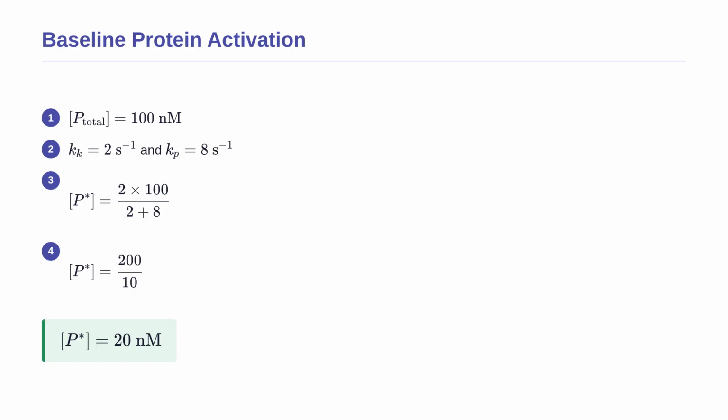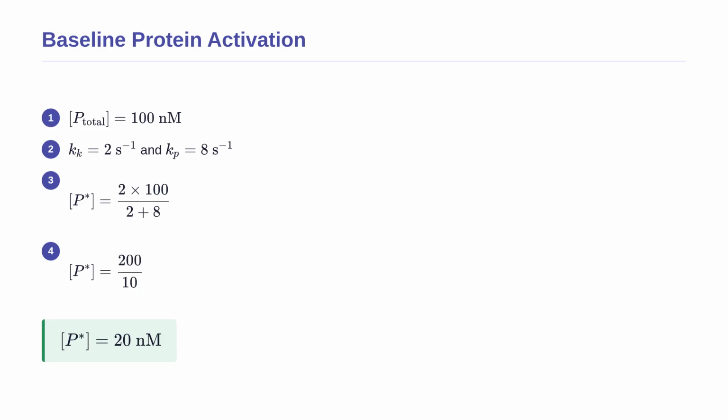Let us see this formula in action by calculating the baseline state of a cell before any hormones arrive. We're given a total enzyme concentration of 100 nanomolar. The background kinase rate is 2 per second, while the phosphatase rate is much higher at 8 per second. We plug these values into our steady-state equation.